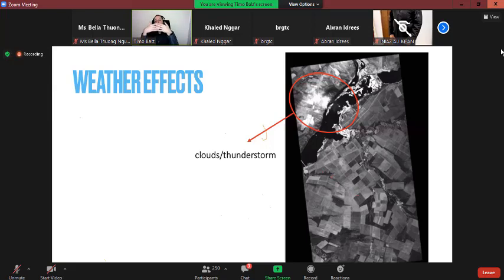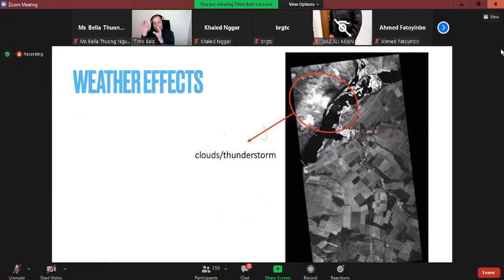You can look through clouds, which is true in most cases. But if you have some very strong rain, well, water is reflecting. That strong rain, especially in shorter wavelengths, may reflect back.